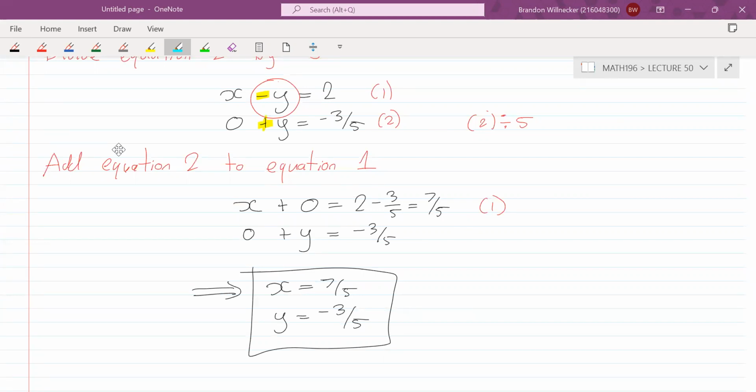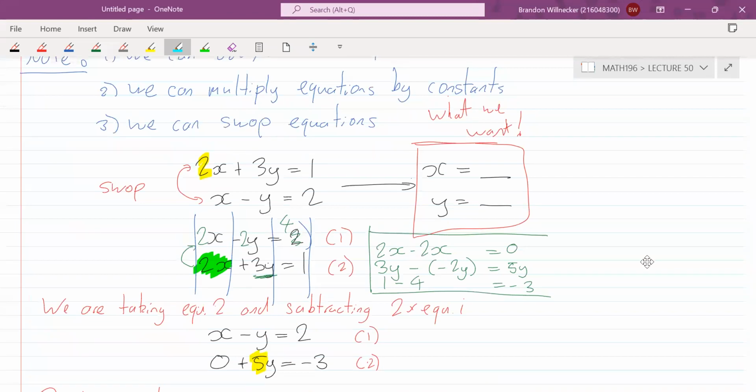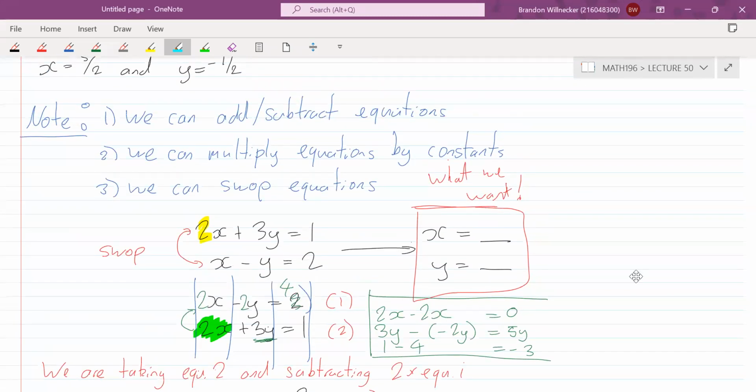Okay. So I hope you see like the beginning of this method. So let's just go through this again. So we started off with these two equations and we just looked at what we wanted. We wanted the first equation to be x equals something and the second equation to be y equals something.